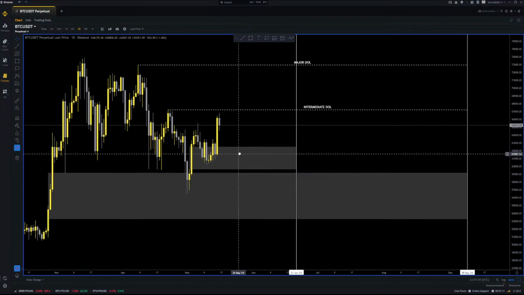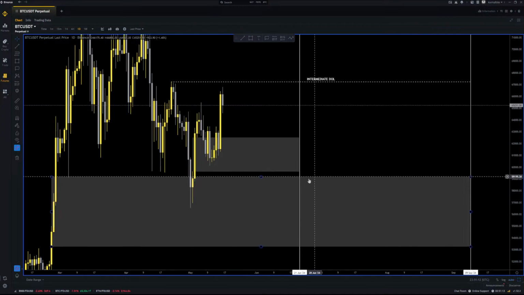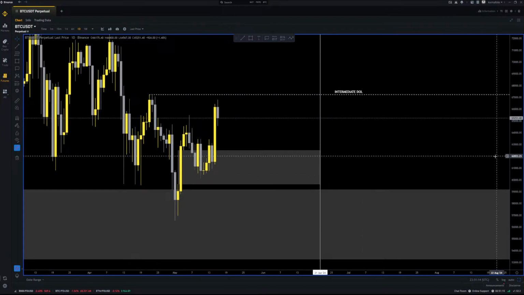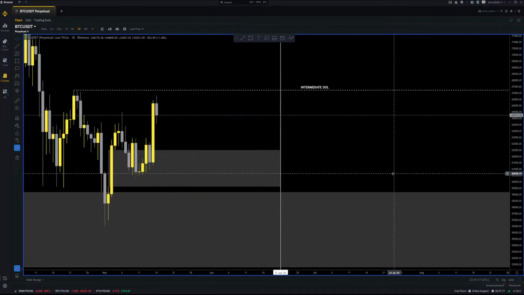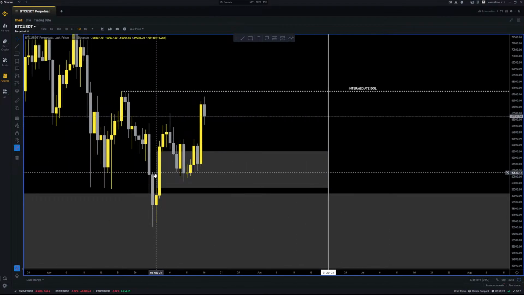But if you look closely, it's not the imbalance which did that. Something called an order block. As you can see, there is this order block here.